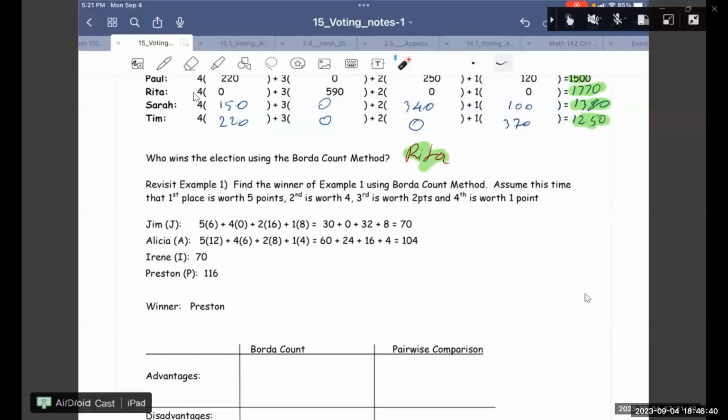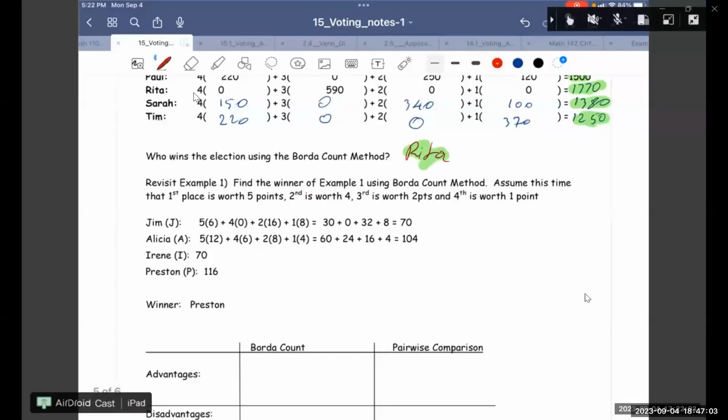So we can see Jimmy. So we have first place 5 points for the first one, 4 points for the second one, 2 points for the third, and 1 point for the fourth. So we add them all up. So Alexa, we do the same thing. Now we can do for Irene.